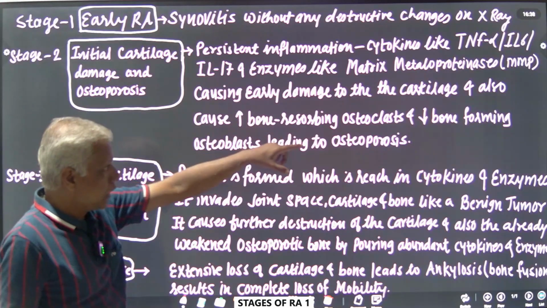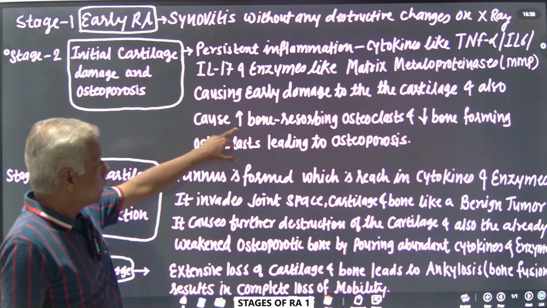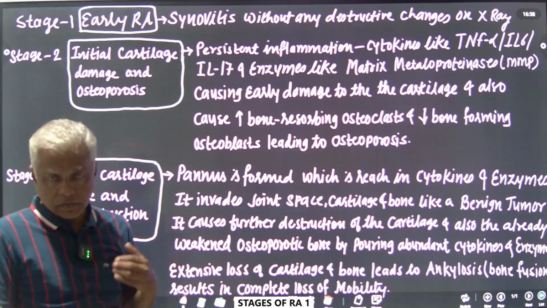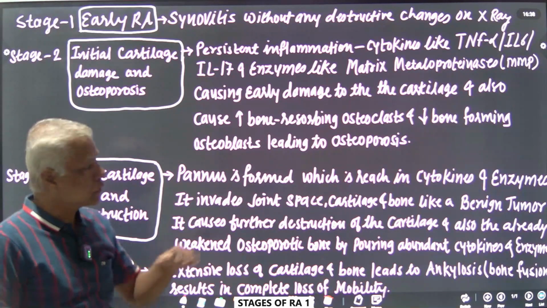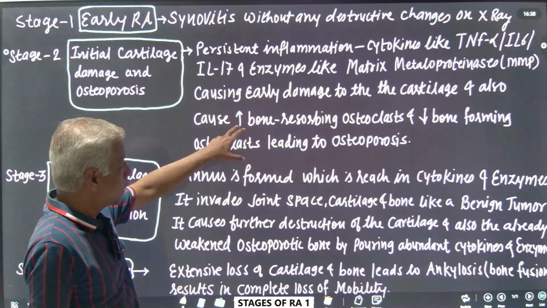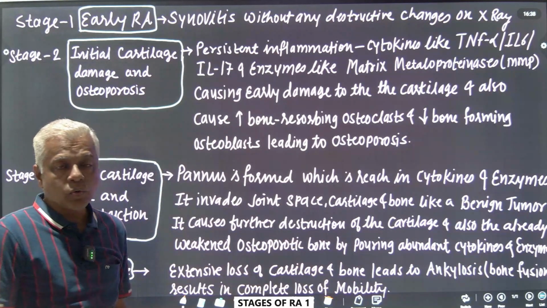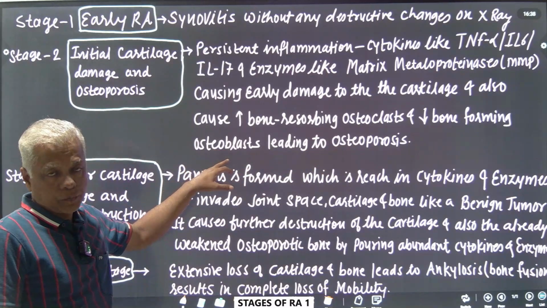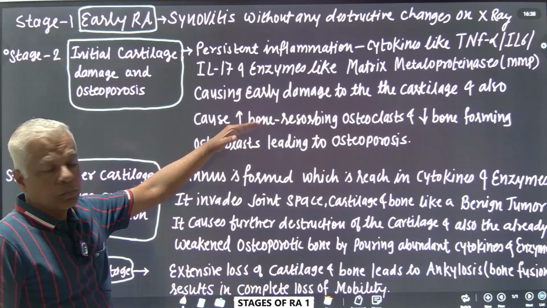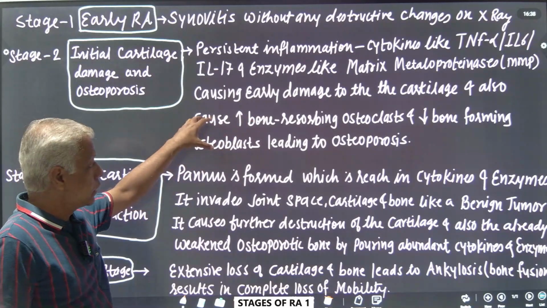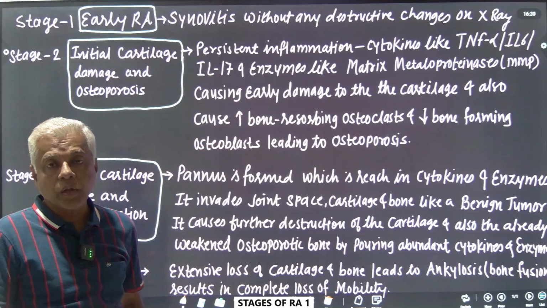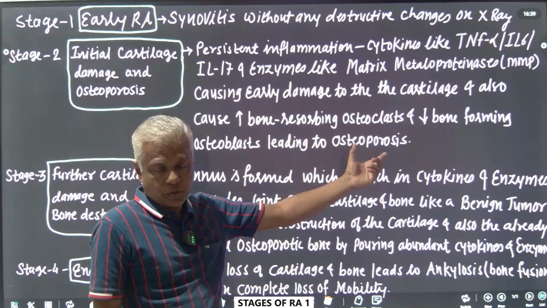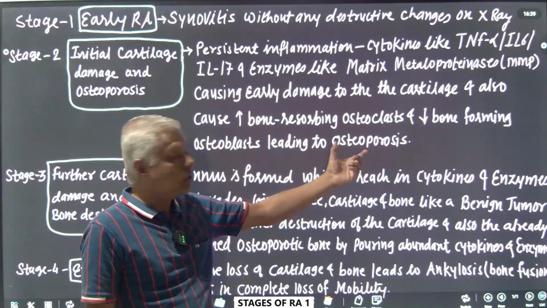Now let us see the latter part. These cytokines and these enzymes also cause an increase in the bone resorbing osteoclasts and a decrease in the bone forming osteoblasts, and that results in osteoporosis.